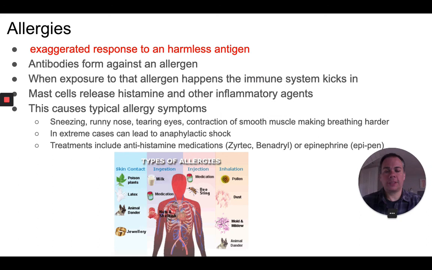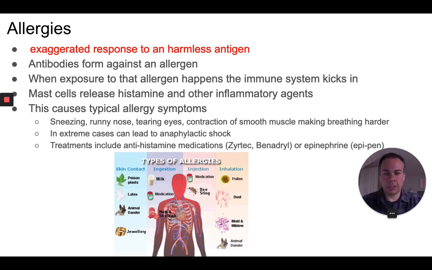Those things are immune responses. If they are severe and left untreated, they can lead to what's called anaphylactic shock, where a person's body shuts down. They stop being able to breathe because of this response.